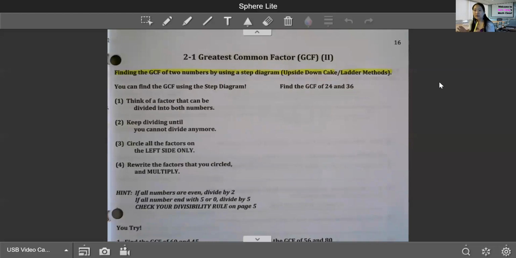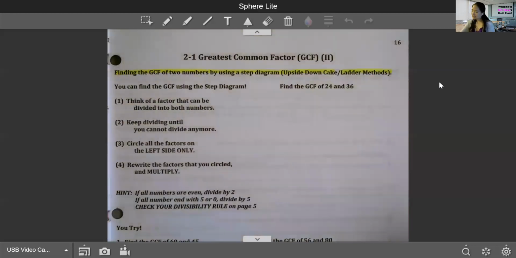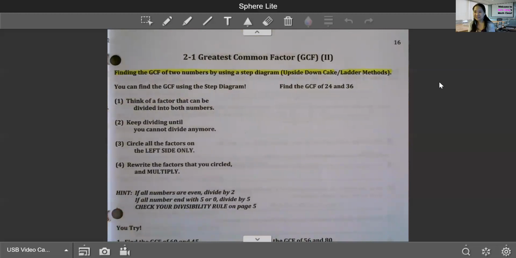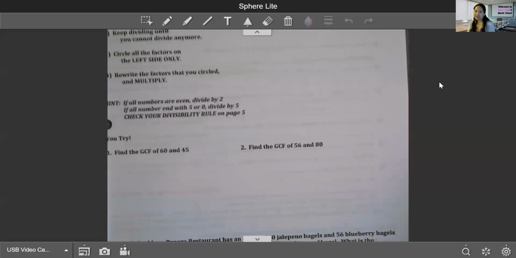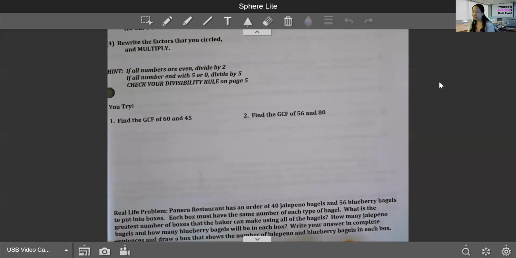Step diagram, upside down cake, or the ladder method, okay? All right. So first I'm going to read this instruction, which is not going to make sense for now. Once I show you an example, a lot of you will understand right away. Some of you won't, so then I'm going to do some other examples as well. And then I will do a word problem using that method, okay?